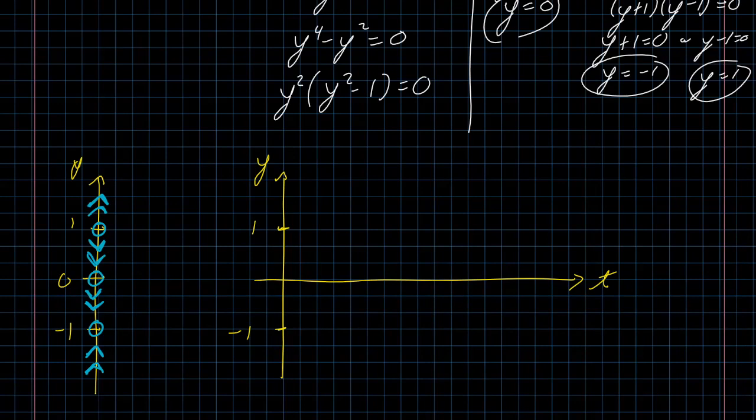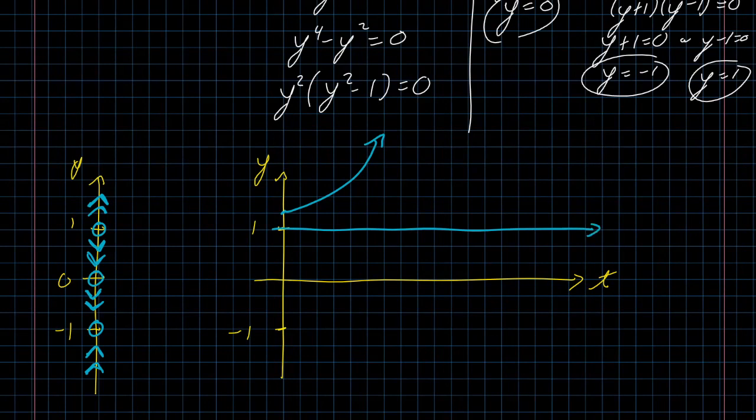And I can try to start drawing in some information here. Well, if I start somewhere above 1, the rule says that I'm going to be increasing. So it's going to look something like that. At 1 itself, y prime is 0. Y prime is always 0 when y is 1.